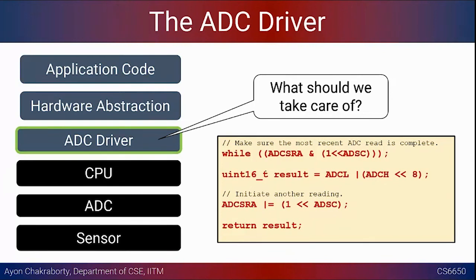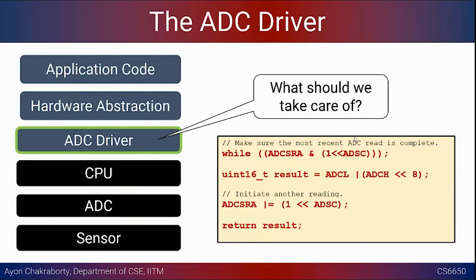We had this code to read temperature data from the ADC. So what do you think is a problem with this code? Is there anything that is inefficient? Is there anything that should not be done? Anything that you could think of? Your ADC driver's work is to get as much data from the sensor, and there is one more thing you should keep in mind.